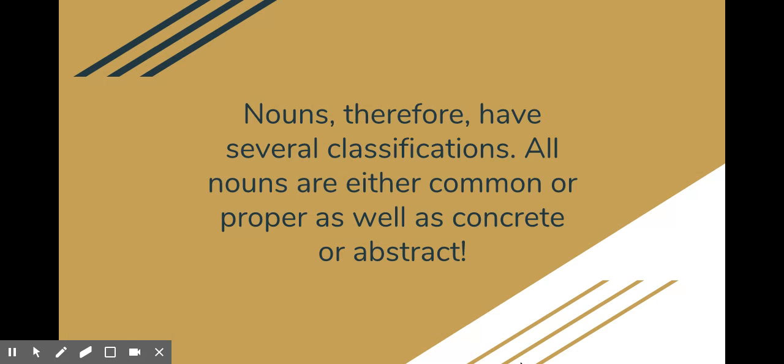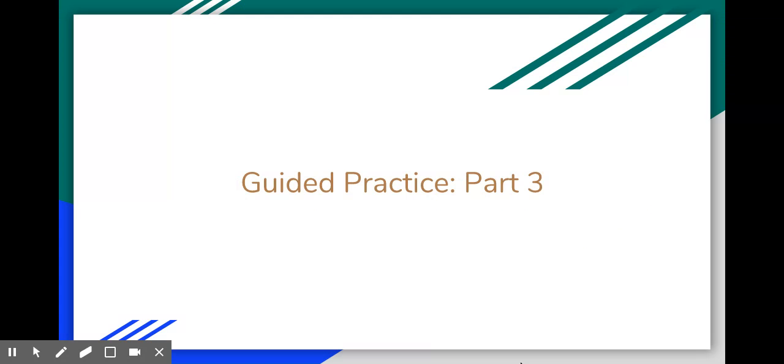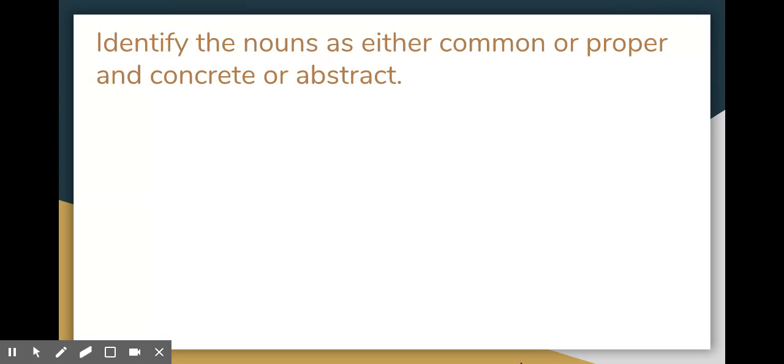All right, so nouns, obviously, from what we've been talking about, can have several classifications. All nouns are either common or proper, as well as concrete or abstract. Guided practice part 3. I want you to identify the nouns as either common or proper and concrete or abstract. Okay, so we have Memorial Day. Is it a common noun or a proper noun? And then is it concrete or is it abstract?